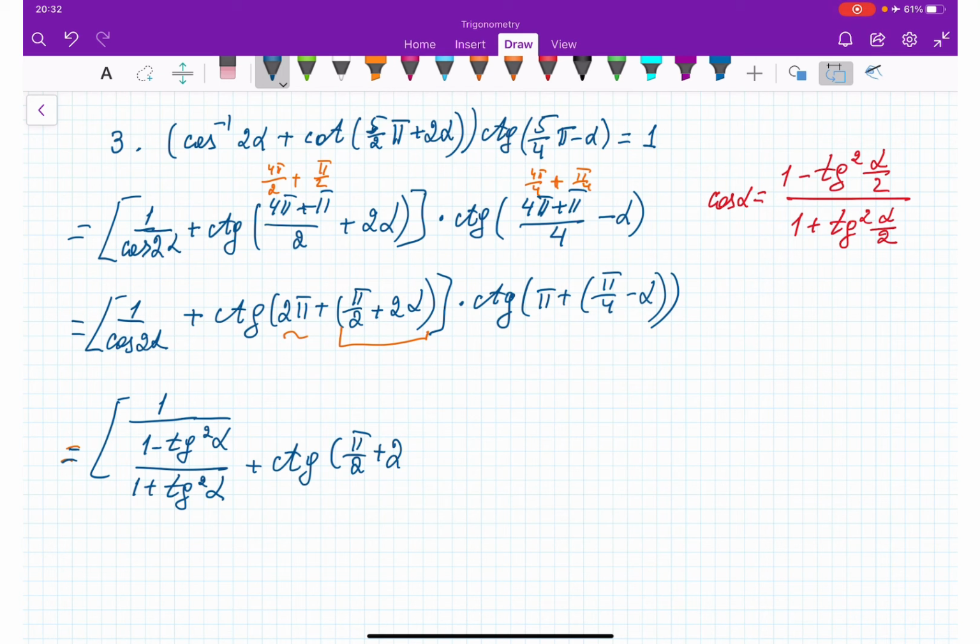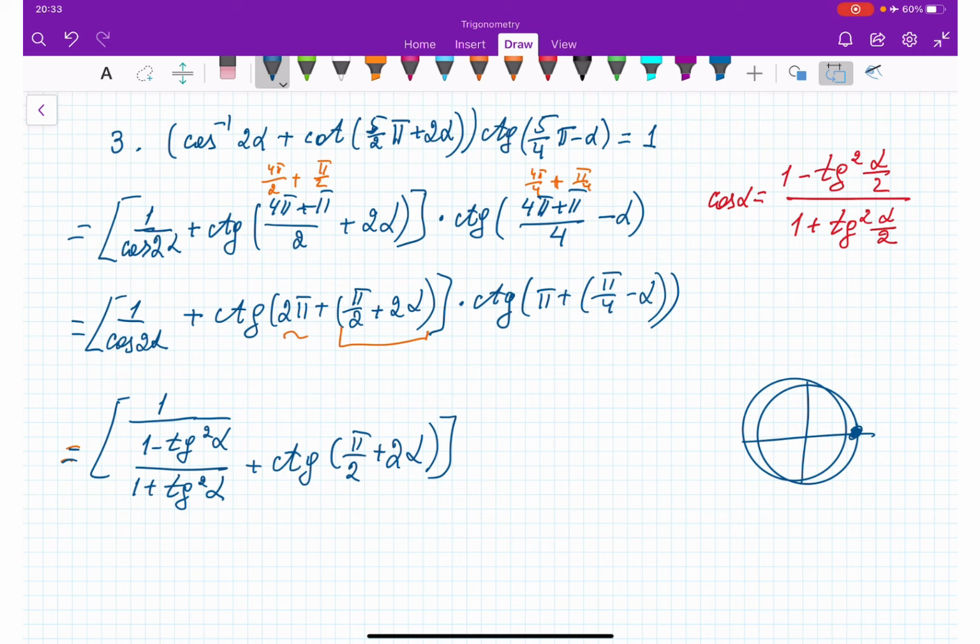Because you will end up, let's say this is your circle, right? It's in this position. The period is 2 pi, which is 360. You come 360 and you end up in the same position. The same way with cotangent. The period is 1 pi. So since you have 2 pi, you just go twice. If you go twice, you still end up in the same position, right? So actually it doesn't matter how many times you go. As long as it's times pi, you will end up in the same position.